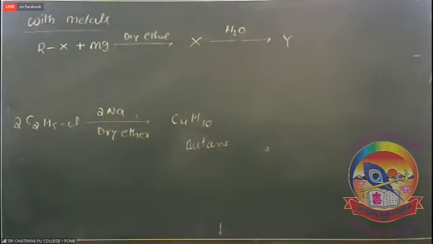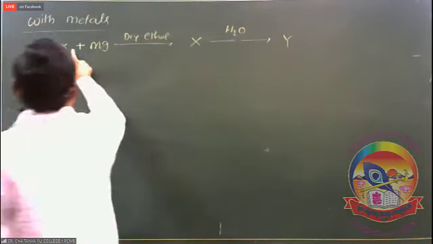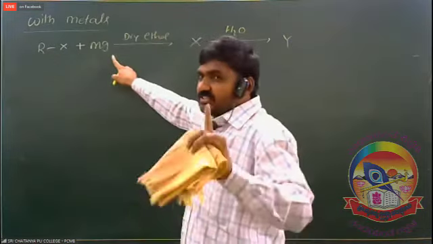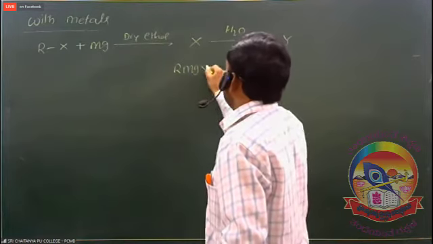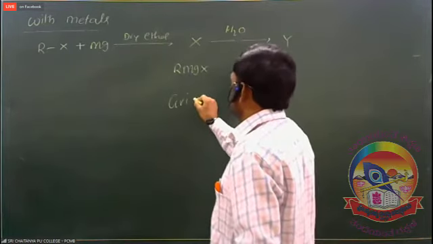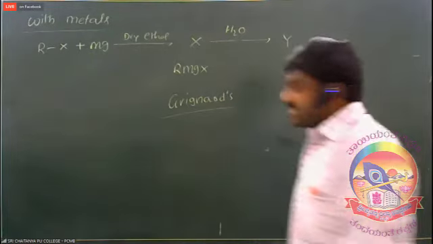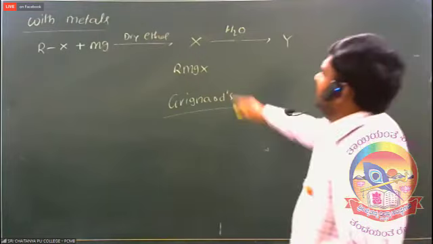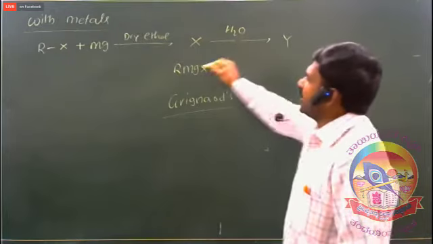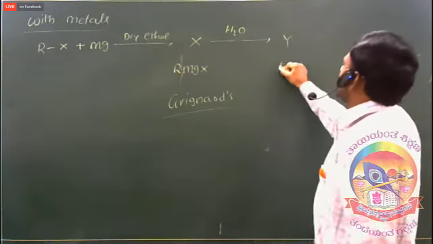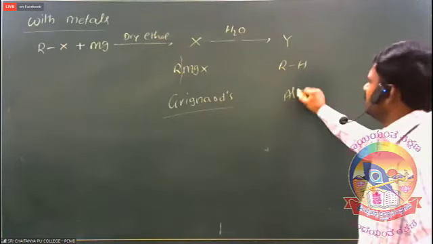An alkyl halide reacting with sodium metal is the Wurtz reaction. With magnesium metal, RMgX is formed. It is called Grignard's reagent, or Grignard's reaction. Grignard's reagent on hydrolysis, that is, treated with water, has its bond broken. So X is Grignard's reagent and Y is an alkane.